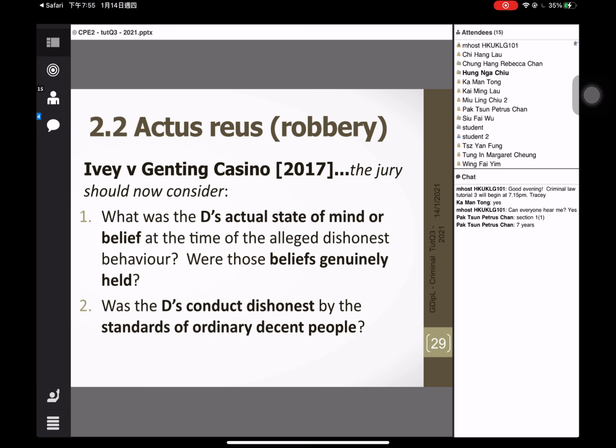pounds from this game, and he employed a technique that was described in the case as an edge sorting technique. And this is where the gambler tries to ensure that the same deck of cards is used throughout the games, and he can exploit irregularities on the printed backs of the cards, because this guy's got a tremendous memory.